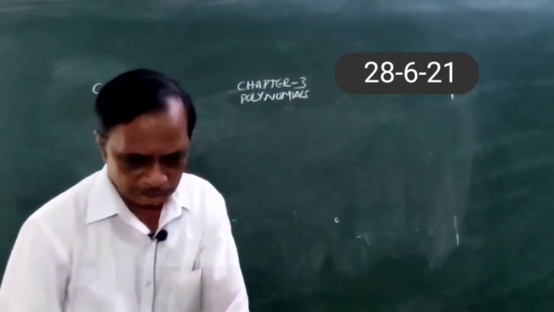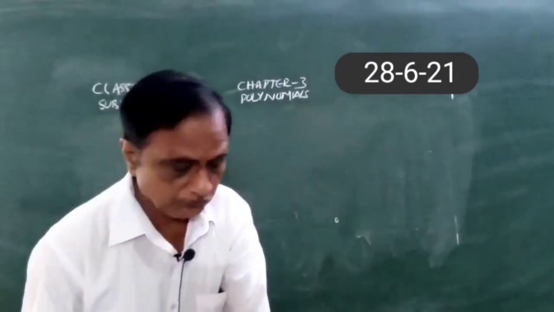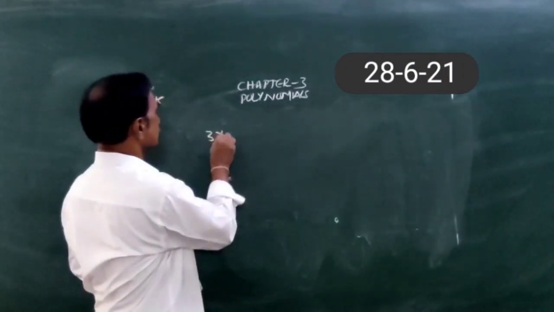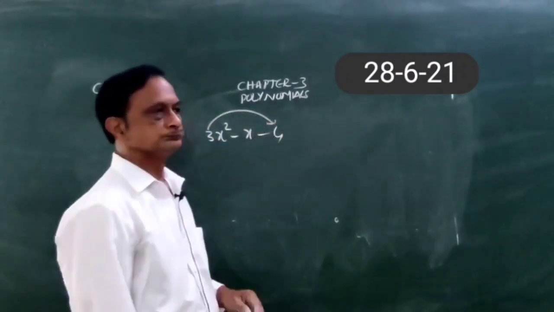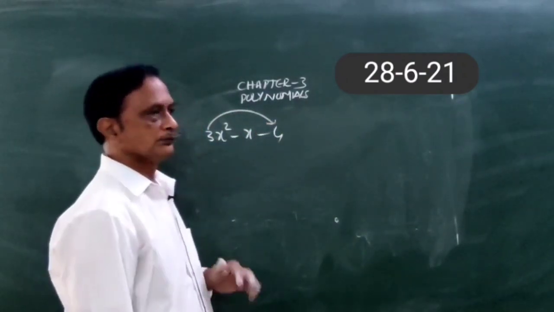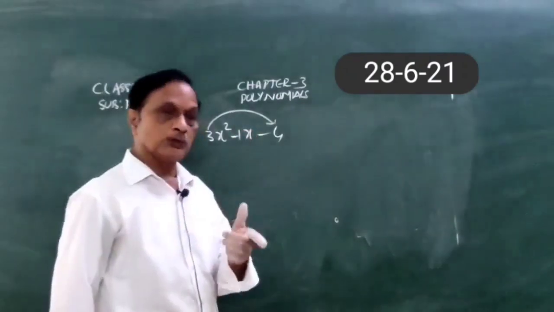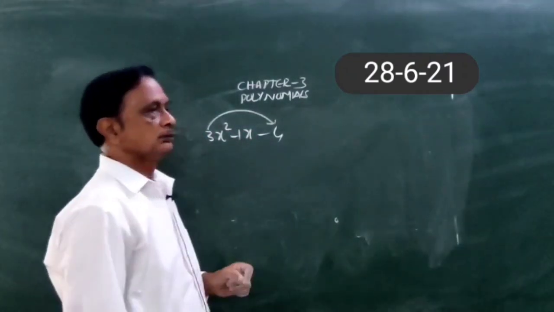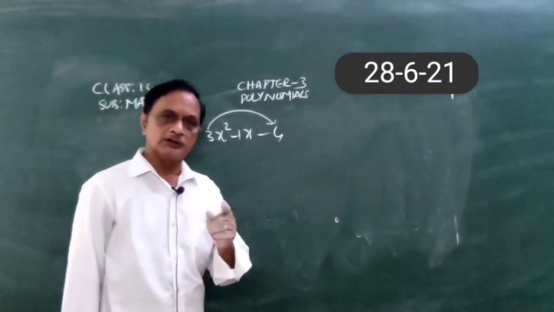And the last one is 3x square minus x minus 4. 3 fours 12, negative. Select two numbers whose product is 12 and whose difference is 1. For 3 and 4, 12, 4 minus 3 is 1. 4 and 3 should have different signs. The sign of 4 is minus, and the sign of 3 is plus.